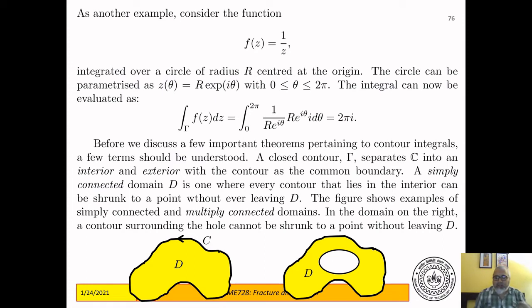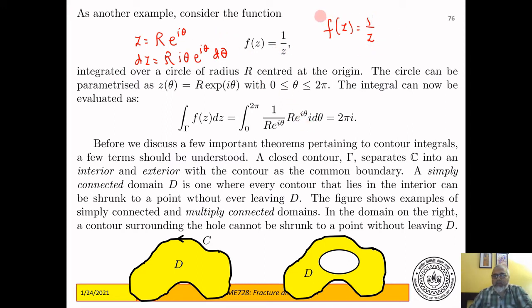Let us take a more important example that we are going to come back to. f(z) is 1 by z, and I want to integrate it over a circle. So on a circle, z is equal to r e to the power i theta, where r is the radius of the circle. As you go around a circle, only theta changes, r is fixed, which means dz is r i e to the power i theta d theta.